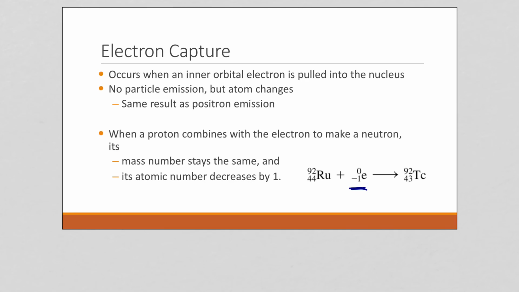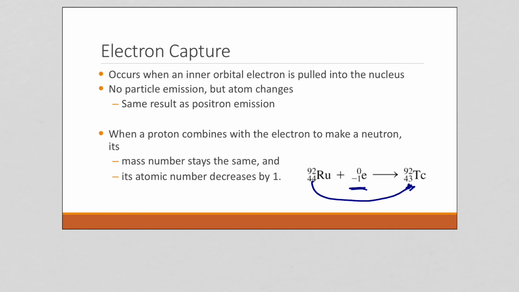So again, there is no change in the mass number, but a decrease in the atomic number. So we go from, in this case, ruthenium with a 44 to technetium with a 43. Functionally, again, what's happening here is that a proton is becoming a neutron.